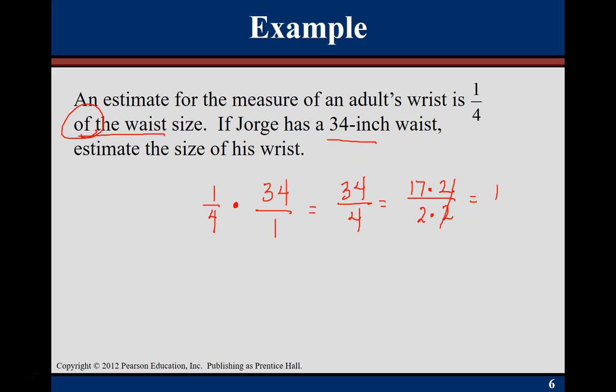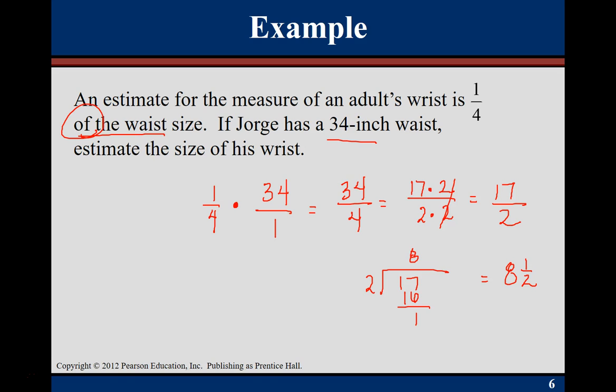So I can say it's 17 over 2, or I can actually type that in to my calculator or do the long division, where I would get that 17 over 2 is the equivalent of 8 1/2.